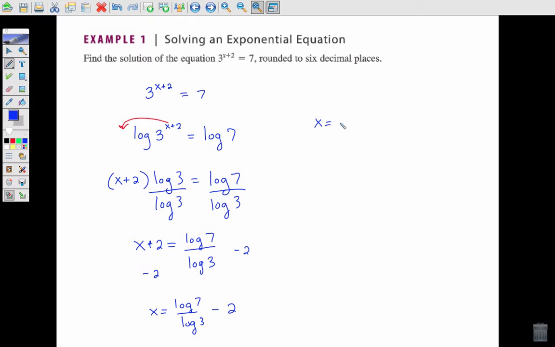I find out that x is equal to negative 0.228756. If I want, I can go back and check my answer. 3 to the negative 0.228756 plus 2. If you evaluate that on your calculator, it's very close to 7.